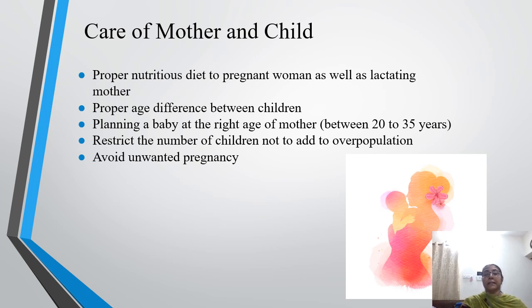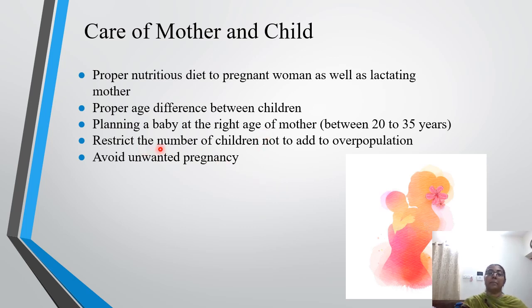So, care of mother and child. A proper nutritious diet for a pregnant woman as well as a lactating mother is a must. And a proper age difference between two children. For that, planning needs to be done.